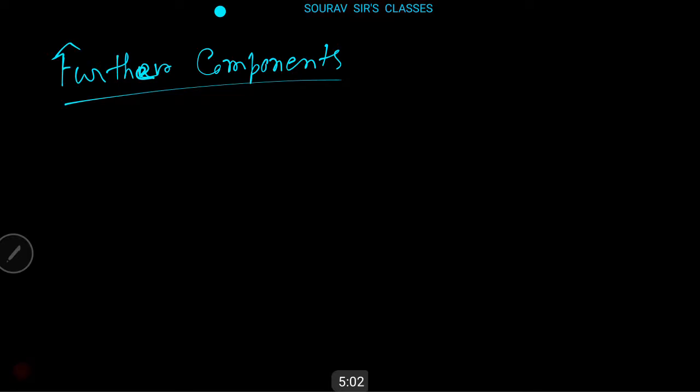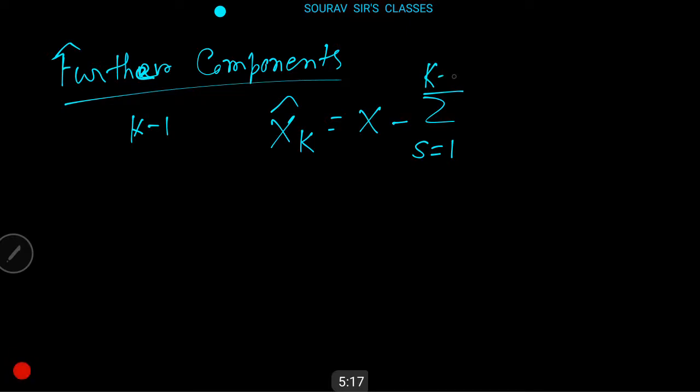The kth component can be found by subtracting the first k minus 1 principal components from X: X_k = X minus the summation over s = 1 to k minus 1 of X w_s w_s^T, and then finding the loading vector which extracts the maximum variance from the new data matrix.